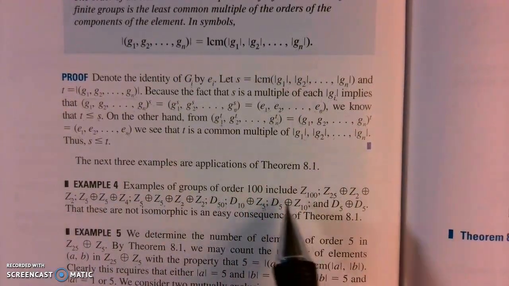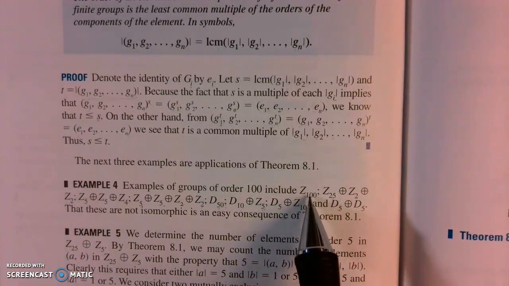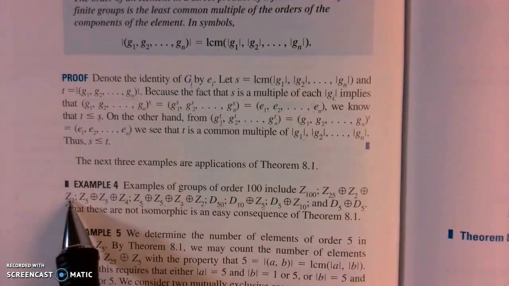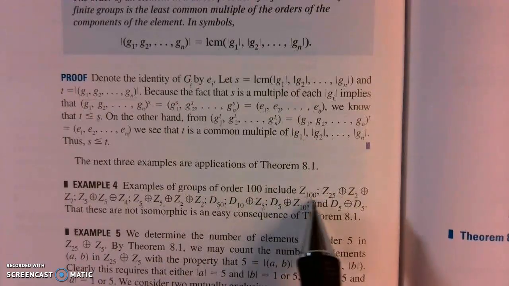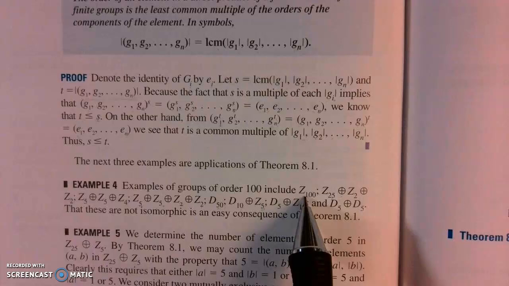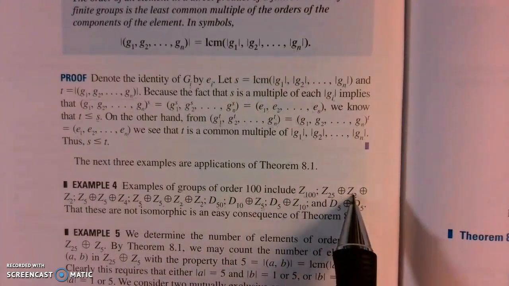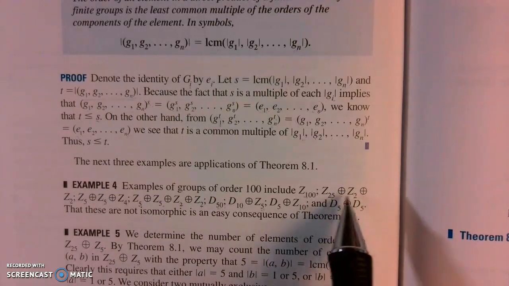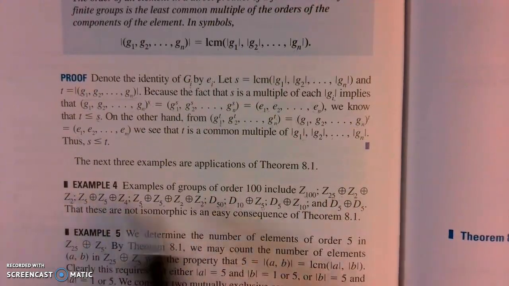And we can see that, say, the first two groups are not isomorphic because this is cyclic. There is an element of order 100, and here we have triples.